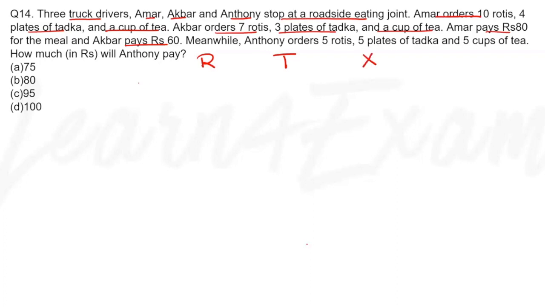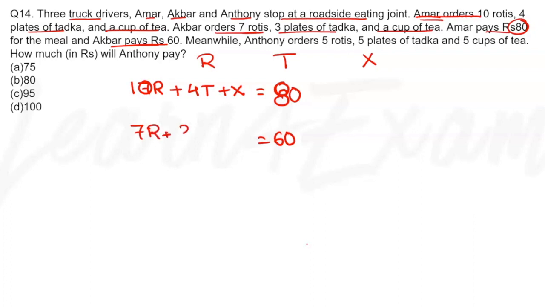Okay, so 10R, I'm talking about Amar's order, 10R plus 4T plus X is equal to rupees 80. Sorry, it's given as 80, right? And Akbar pays how much? 60. And what does he order? 7 rotis, that is 7R plus 3 tarka plus 1 tea, right?